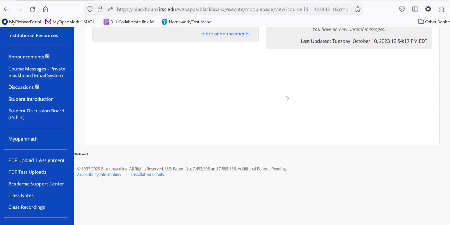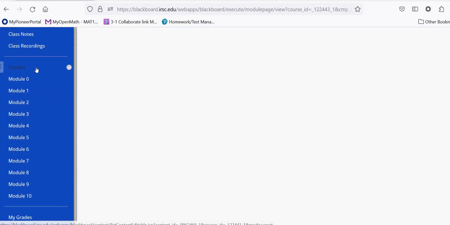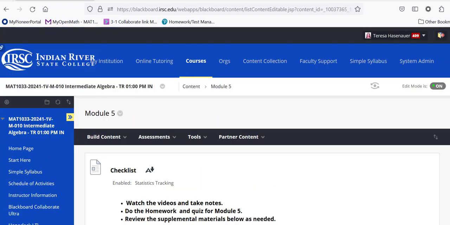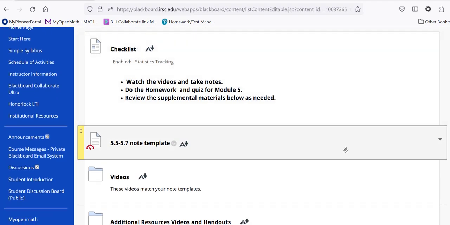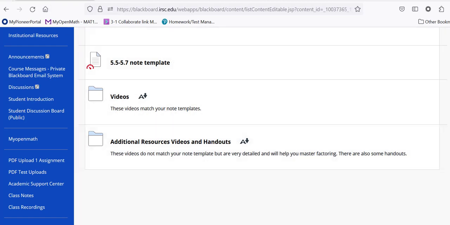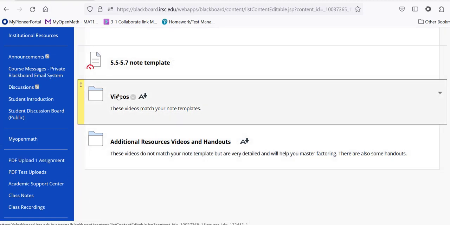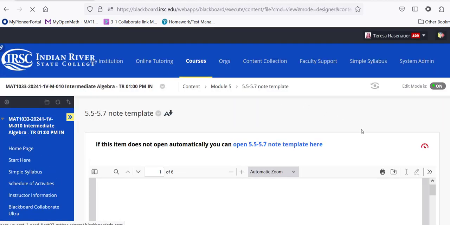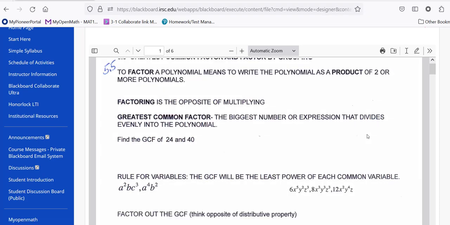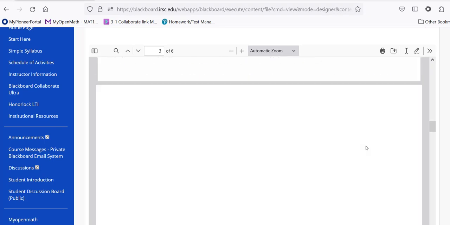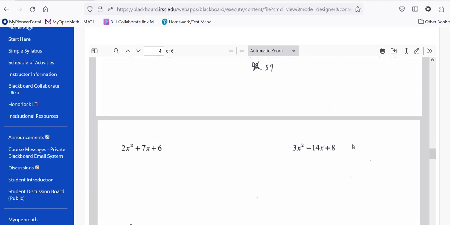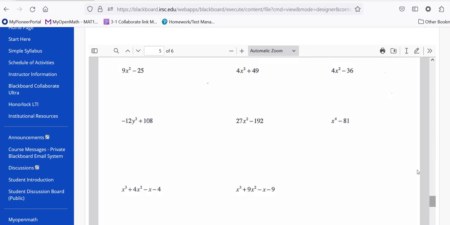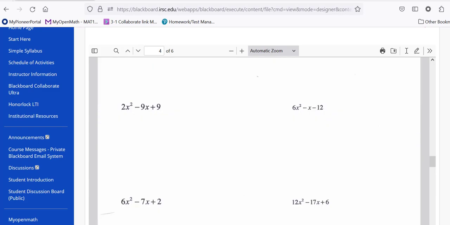And on the left toolbar, let's see. This was Module 5 that we were in. So it should be in Module 5. And I might have put one in your note template. If I didn't put one, I will send you a link to one. I didn't put one. Okay. Sorry.